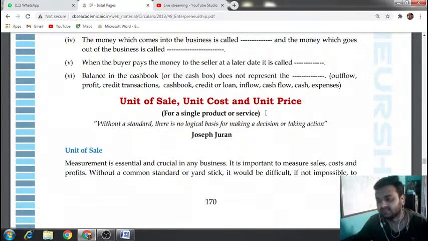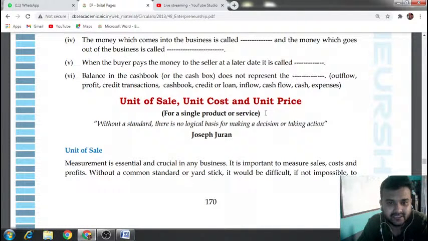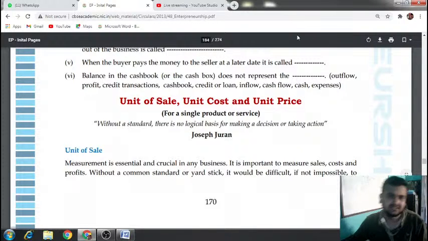Only till this chapter, chapter number 6, business arithmetic. You'll get questions in your final term till this chapter. And in this chapter there are only numericals, there are sums which you need to understand.